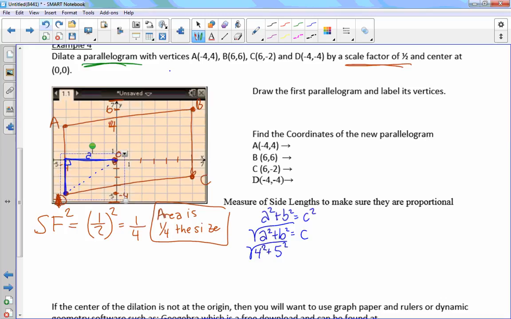Nope, you're right, it was 4. 4 squared. So we have 16 plus 16, which is what? Square root of 32. Then this square root of 32 just doesn't come out very pretty.